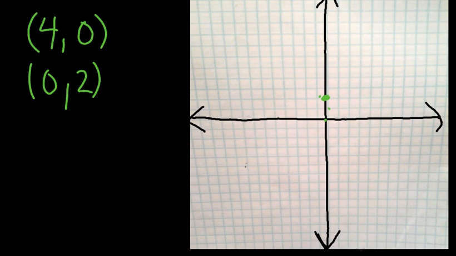And 4, 0 is right there. Those are the 2 intercepts where they touch the axis. Now, all we got to do is connect the dots and draw the line. Simple, simple. There's the line. Done. Using y and x intercepts to graph a line is absolutely wonderful and pretty easy.